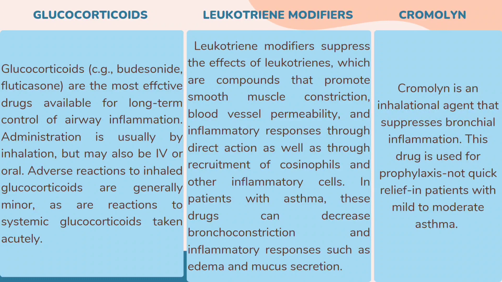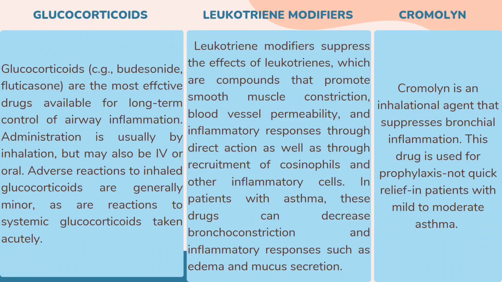Inhaled glucocorticoids are administered on a regular schedule, not PRN. The dosage should be kept as low as possible to minimize adrenal suppression, possible bone loss, and other adverse effects.